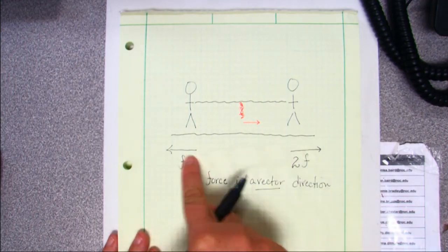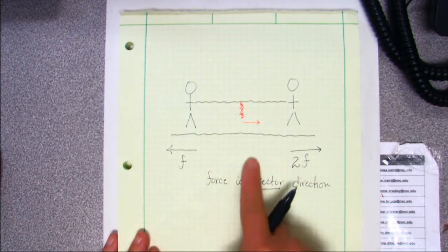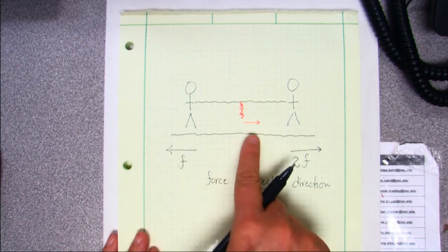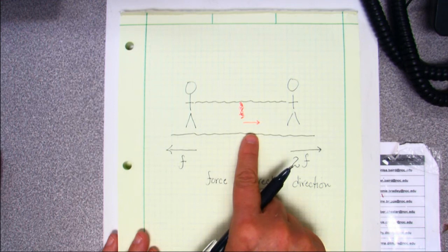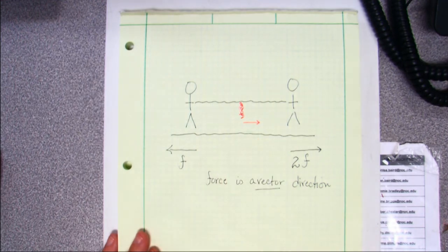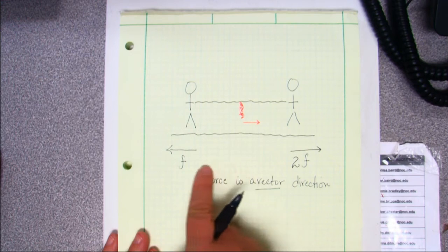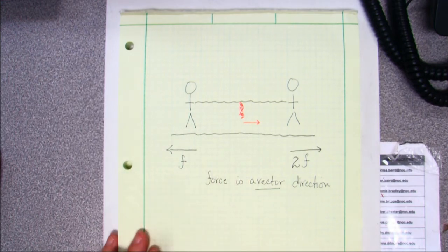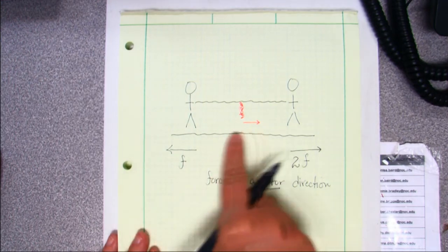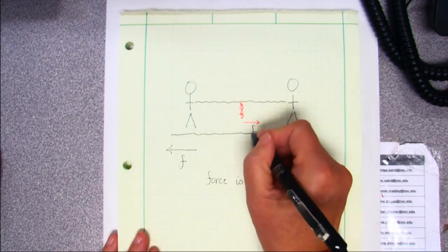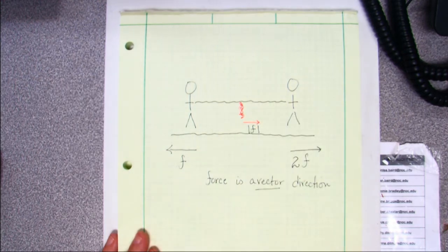And we know we can add or subtract them. Because now I'm going to ask you, how much is the force on this particular flag going to be? Well, if this is twice the force this way, and this is pulling one force that way, this is actually going to be moving this direction with a force that has a magnitude of just one of them.